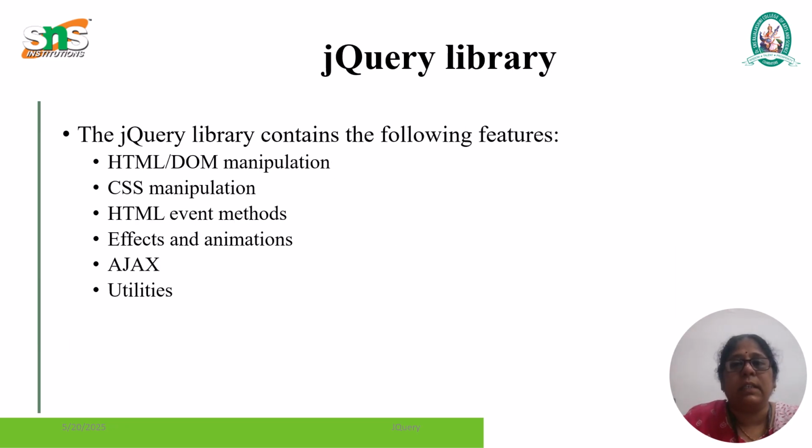Next is the jQuery library. The jQuery library contains the following features. You all know what a library is. It has HTML DOM manipulation, CSS manipulation, HTML event methods, effects and animations, Ajax, and utilities.